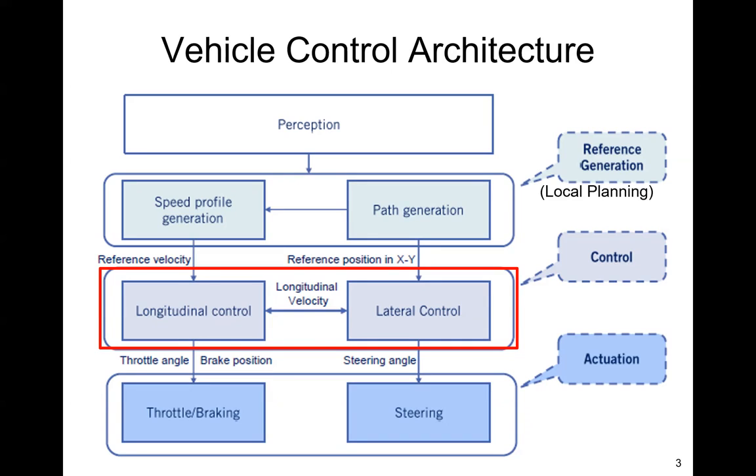It cannot move sideways directly. It has to turn and move forward. So that's why the longitudinal velocity is useful for both longitudinal control and lateral control. And finally, the last step is actuation. The longitudinal control provides actuator inputs for throttle angle and brake position to control throttle and brake. And steering lateral control provides steering angle to control the steering.